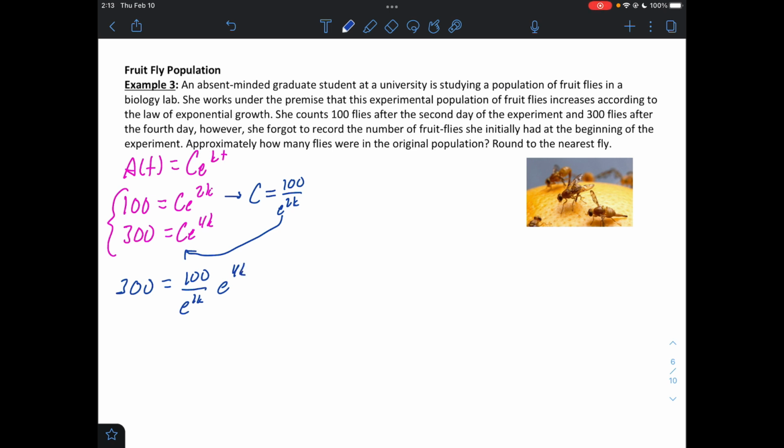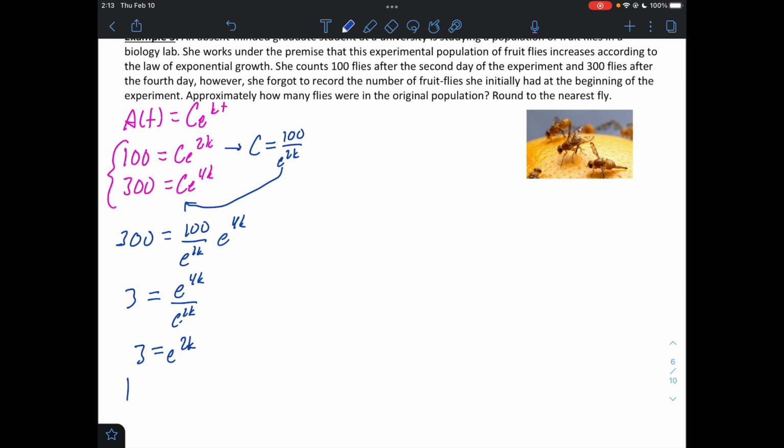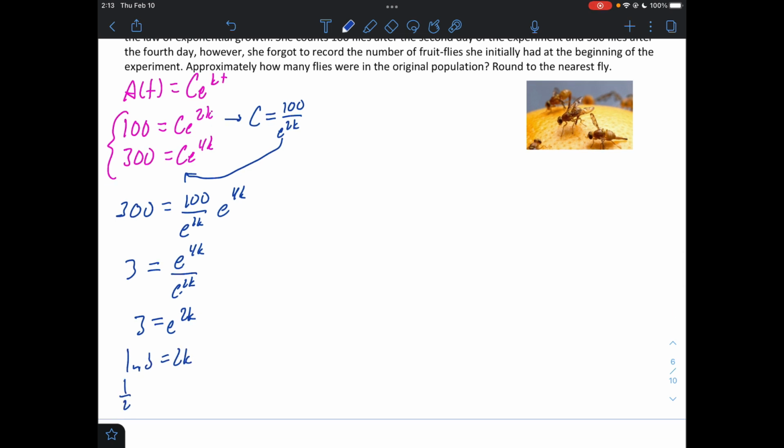If I divide both sides by 100, I get 3 equals e to the 4k over e to the 2k. And remember, if you have things with like bases, we subtract the exponents. So it would be 3 equals e to the 2k. Taking the log of both sides, use natural log. So natural log of 3 equals 2k, and 1/2 ln 3 equals k.